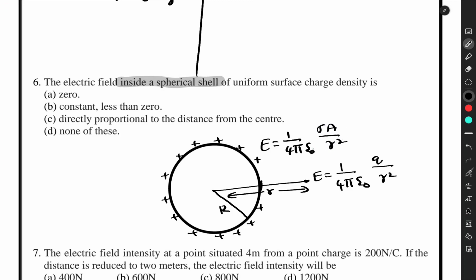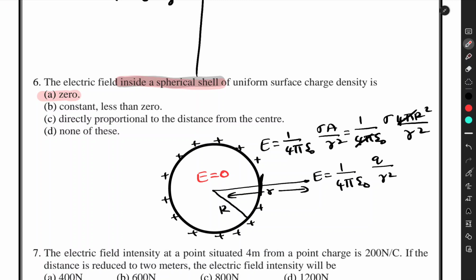A is 4 pi R square, the area of the sphere having radius R, so 4 pi will get cancelled, and the resultant will be the electric field on the surface. But inside, the electric field will be 0. This you must have studied in the derivations and applications of Gauss law. So that's why the answer is 0. Inside the spherical shell, the electric field will be 0.